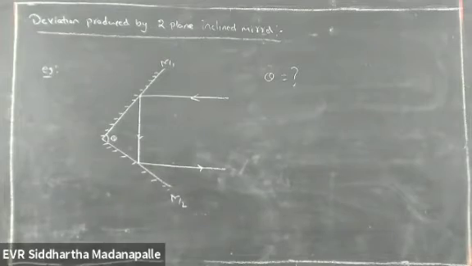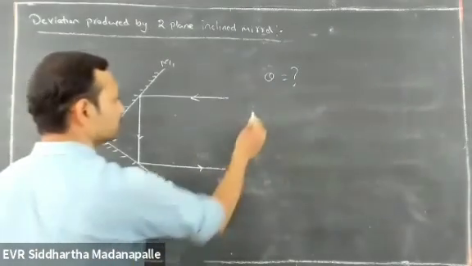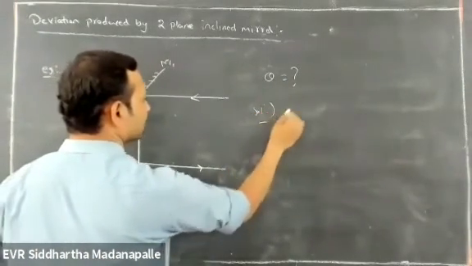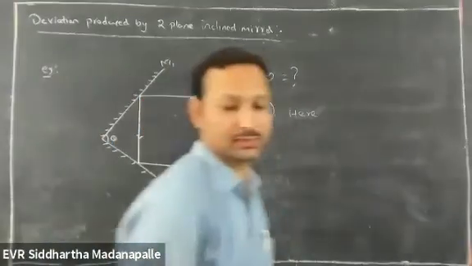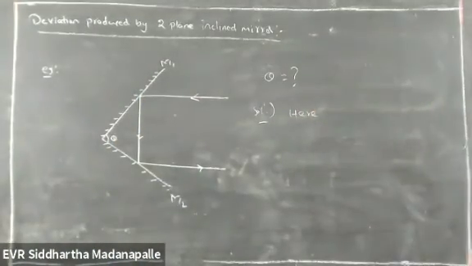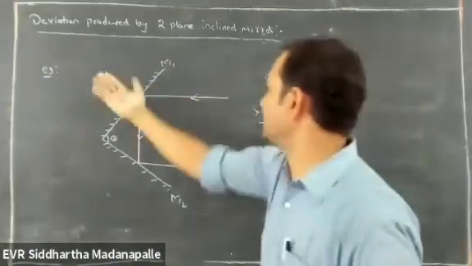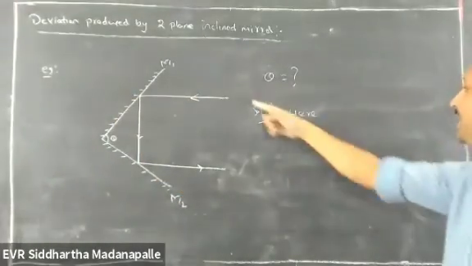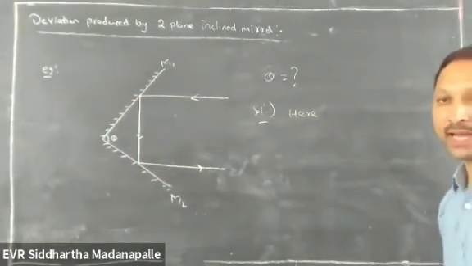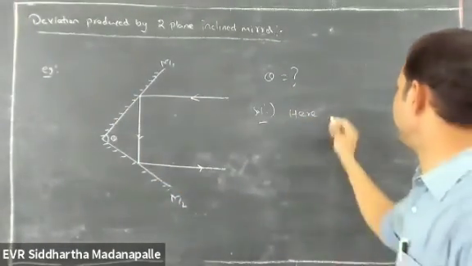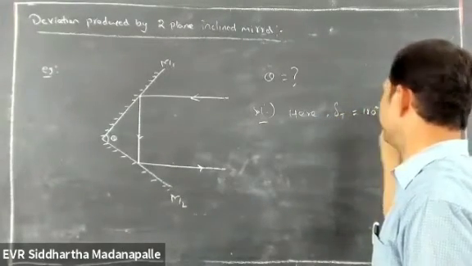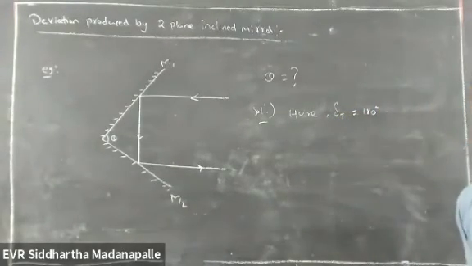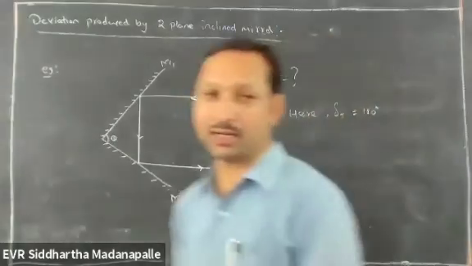Let us see. Now here, what is the angle of deviation? One ray comes and goes in this direction, and the other ray is in the opposite direction. So what is the angle of deviation? 180 degrees. So the total deviation is equal to 180 degrees, whether you consider clockwise or anti-clockwise direction.